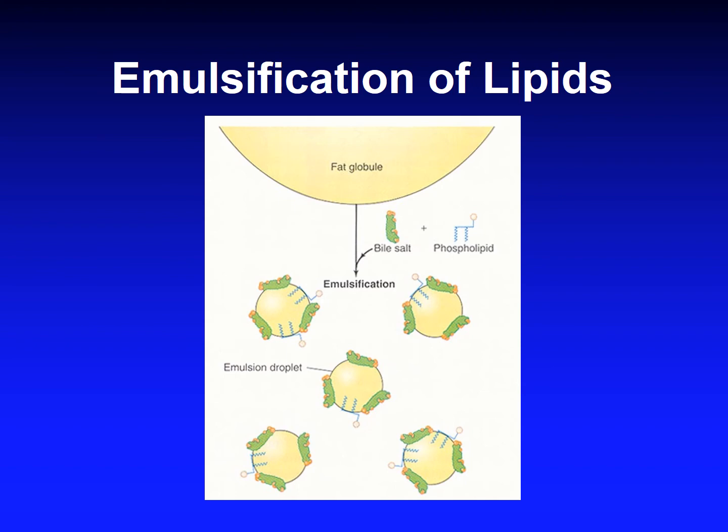After that, what happens, and we've seen this picture before, is that bile salts start to attach, start to surround these fat droplets, which will give the chance for lipase to start working on them, to break them, to digest them, to emulsify them, along with phospholipid, which prevents their aggregation.